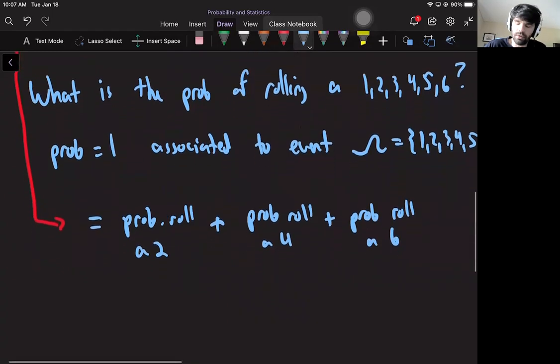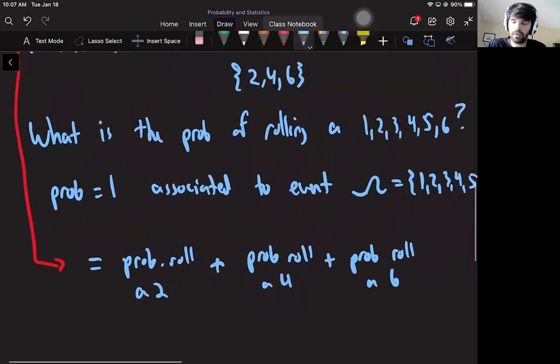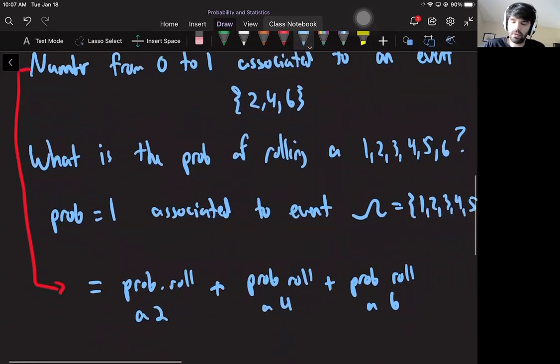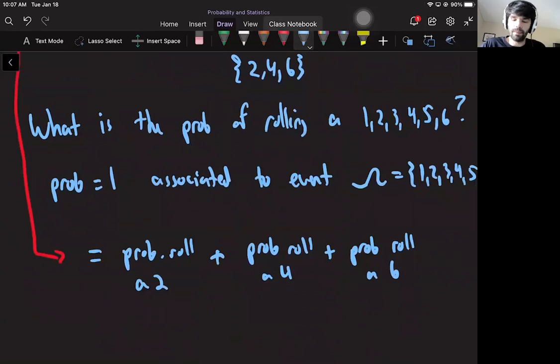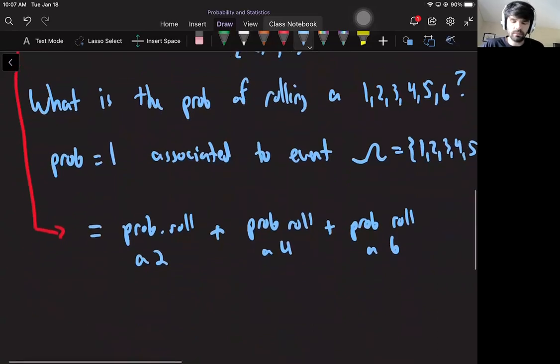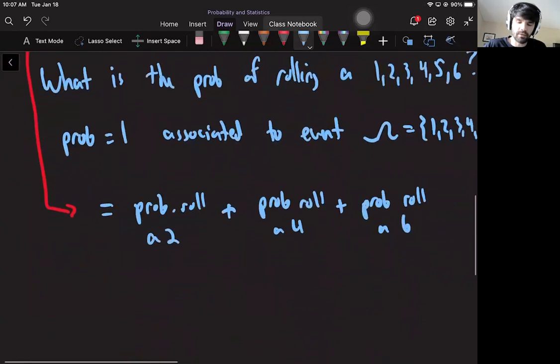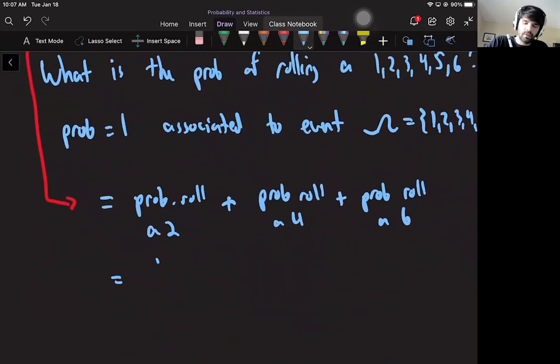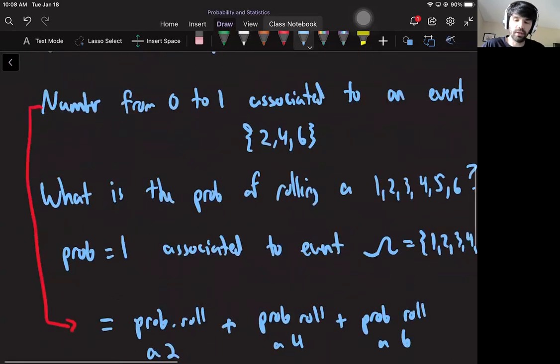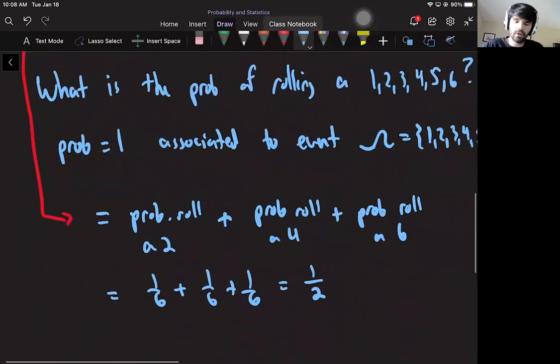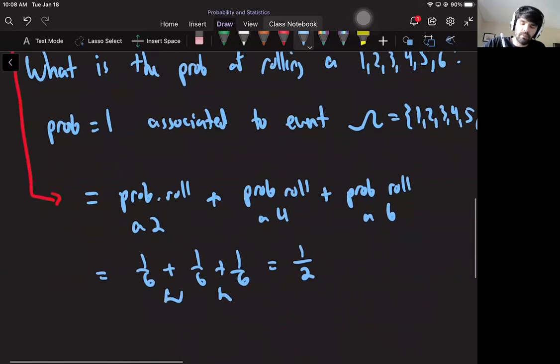And that's because the 2, 4, and 6 individually as events, just a 2, just a 4, just a 6, are all disjoint from each other. So you should be able to add up. So intuitively, you would say something like 1/6 plus 1/6 plus 1/6 to get 1/2. And that's the probability of rolling an even. So we really want this additive property to happen, and we really want the probability of the sample space to be 1.